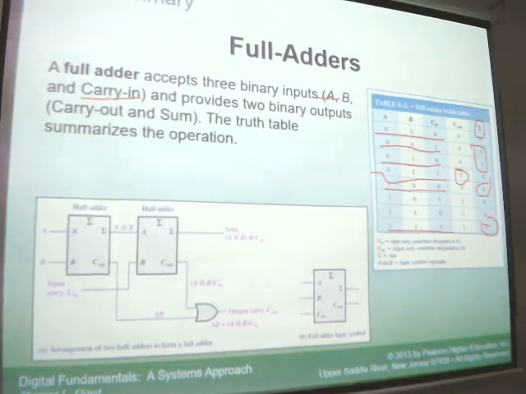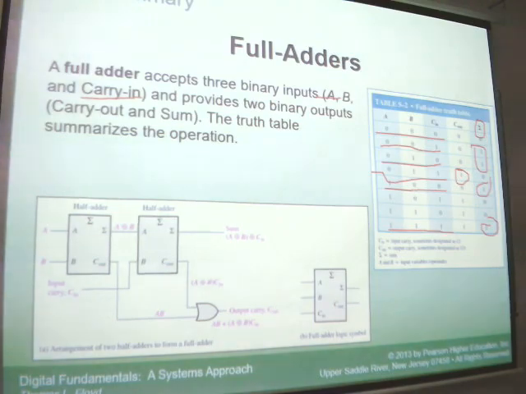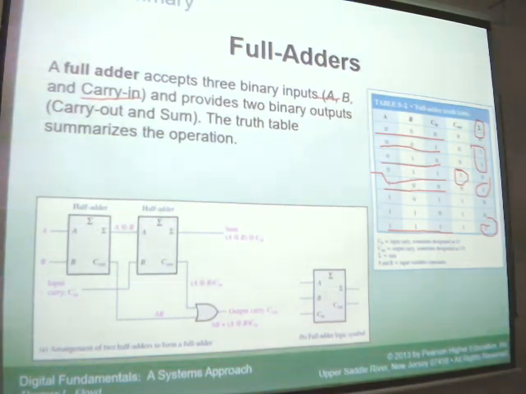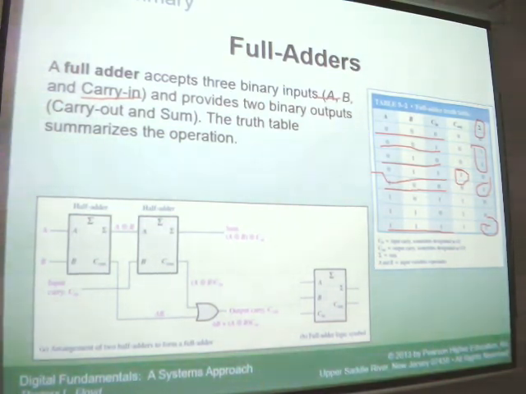Then how many groups are on this Karnaugh map? Three? Yeah, very good. One group, two groups, and three groups.